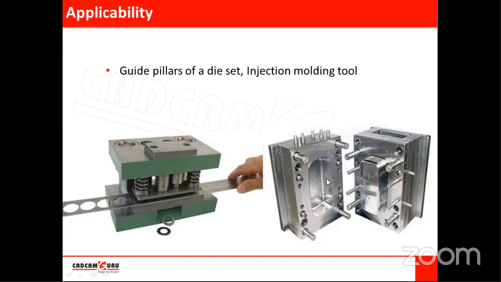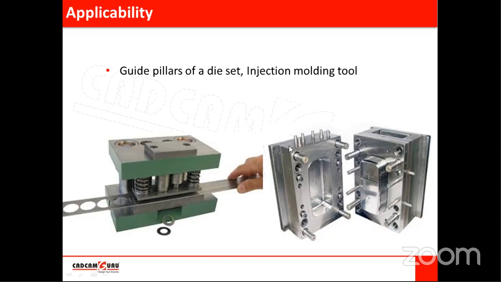This variation in thickness of a plastic component leads to different cooling times after injection. Or there will be mismatch, means there will be different errors in the component also. So we have to ensure alignment of these two molds, and for that purpose these guide pillars should be parallel to each other.